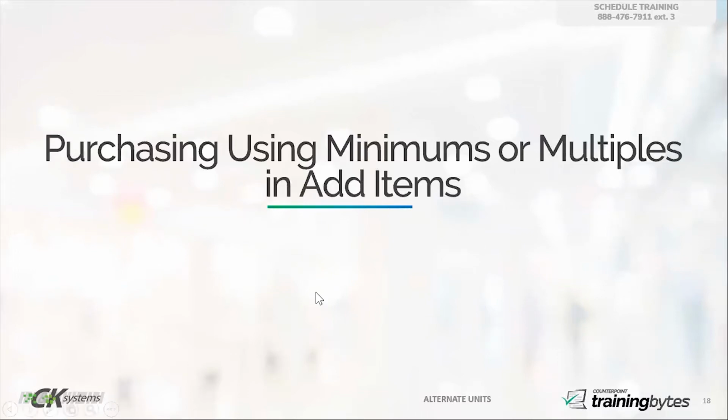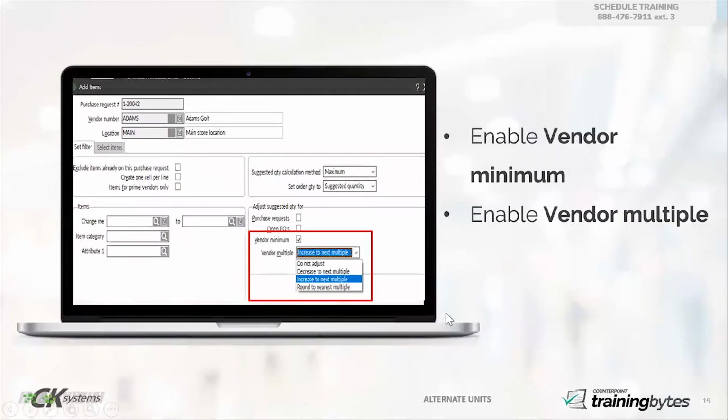Now, if you use that cool feature in purchasing called Add Items, there's also a flag in there that when you are using the Add Items for replenishment ordering, days of supply, or maximum, you can check flags to make sure Counterpoint's paying attention to your vendor minimum or your multiples. So for example, if your vendor minimum is 3 and you actually sold 2 in your replenishment date range, with this flag enabled, Counterpoint will suggest that you order 3.